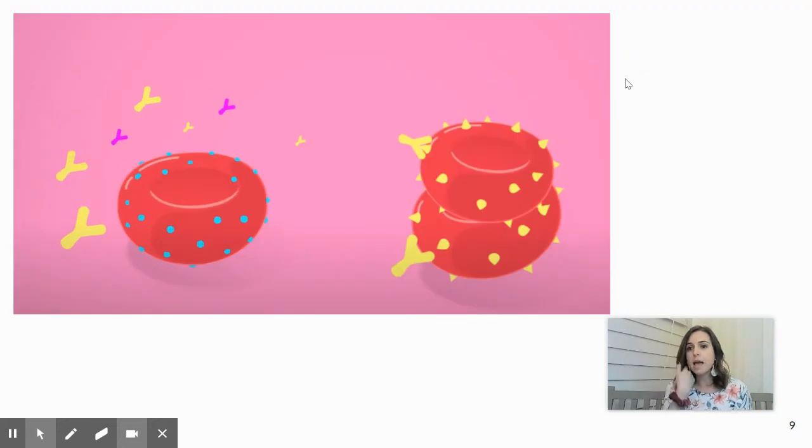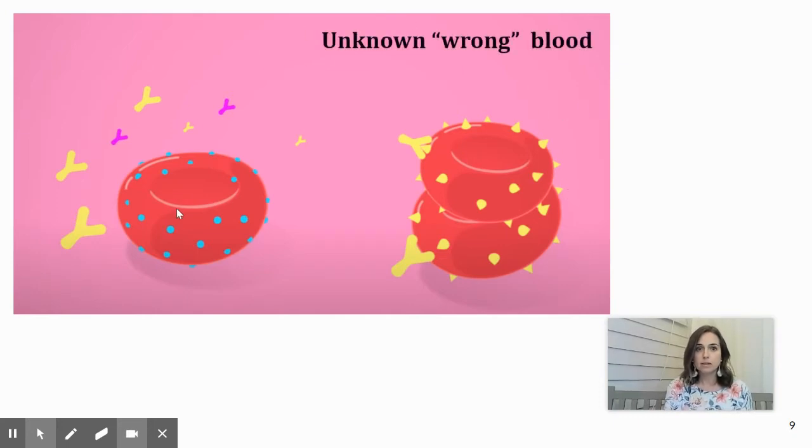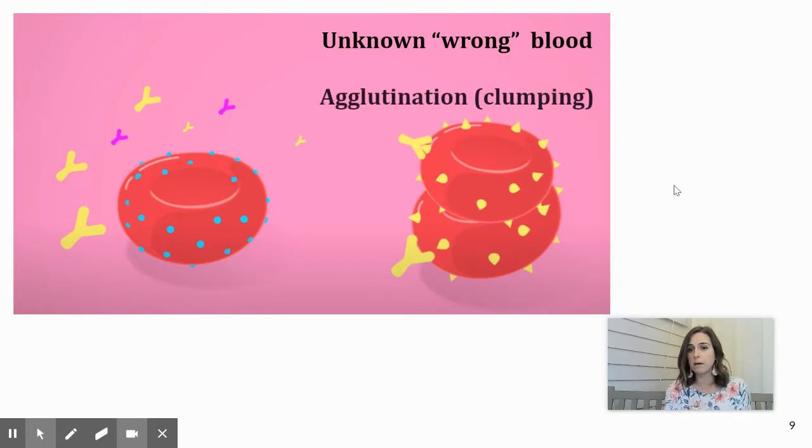The same thing happens if I get the wrong type of blood in my body. So this is me. Well, actually not really because I'm O, but this is A blood type. If somebody was donated the wrong blood type, what would happen is they have antibodies to fight the wrong blood type. And so these antibodies would adhere to the antigen on the foreign cell, causing it to clump up.